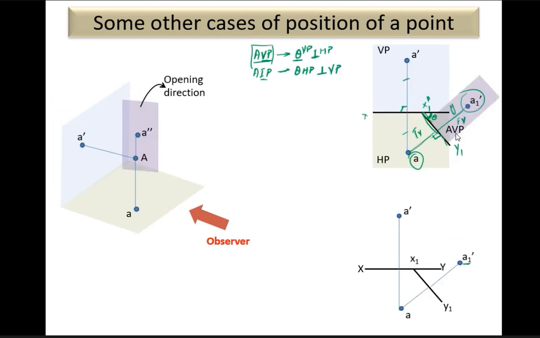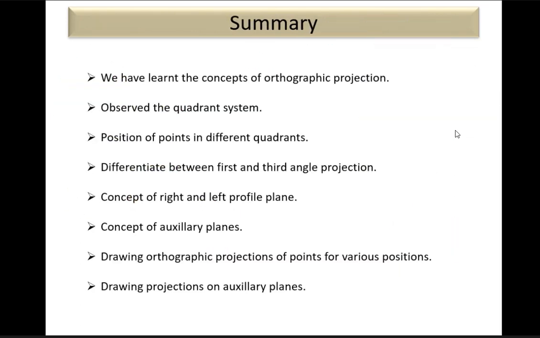Okay. So let's talk about the summary of today's class. We have learned about the concept of orthographic projection. We have observed the quadrant system. We have seen the position of points in different quadrants. We're able to differentiate between first angle and third angle projections. Concept of right and left profile plane, concept of auxiliary plane, and drawing orthographic projection of points for various positions.